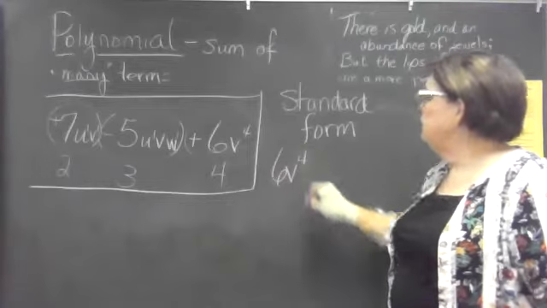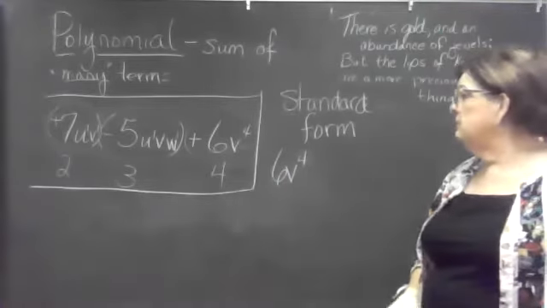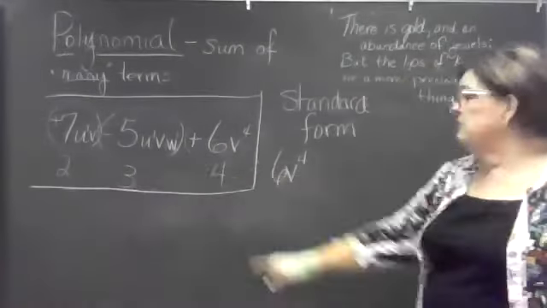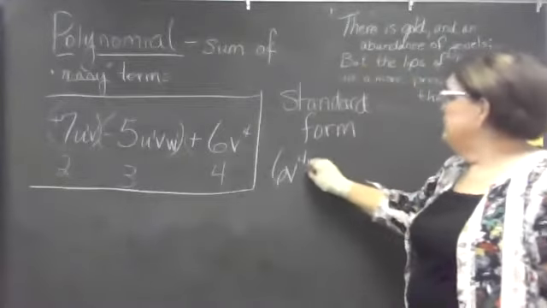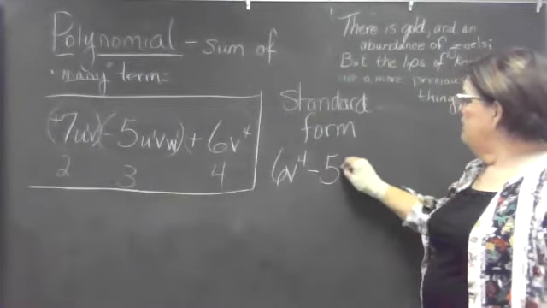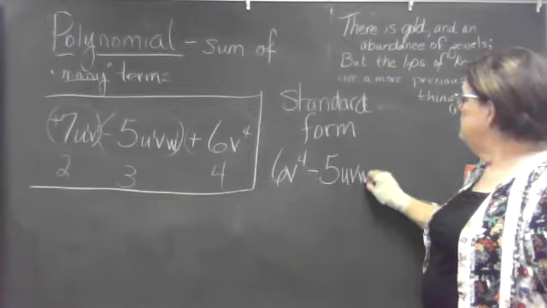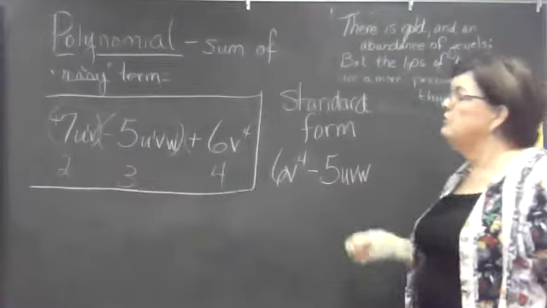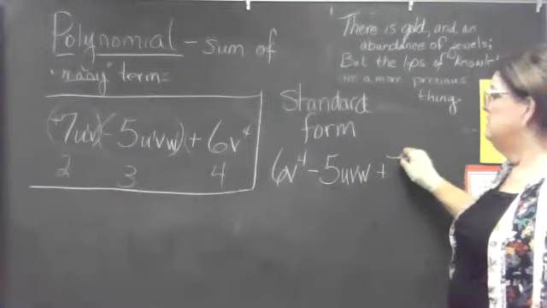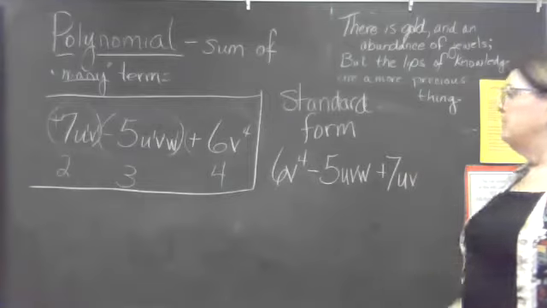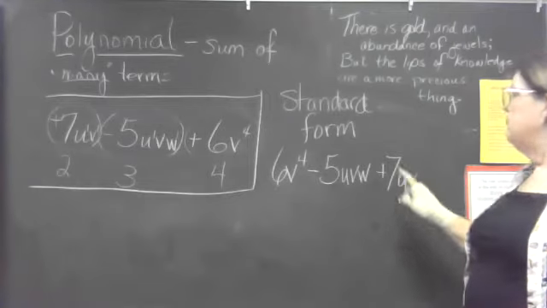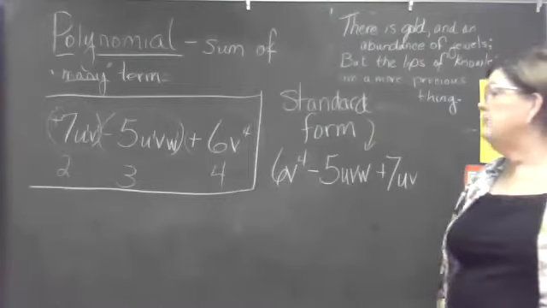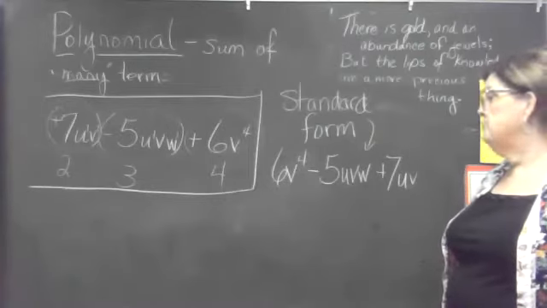This is putting a polynomial in standard form. It's a positive, so it's a positive. Then the next biggest one is here, so it's minus 5uvw. And then, of course, the smallest degree is a plus 7uv. This is standard form because we list them in order from the largest degree to the smallest.